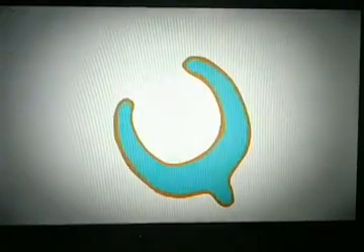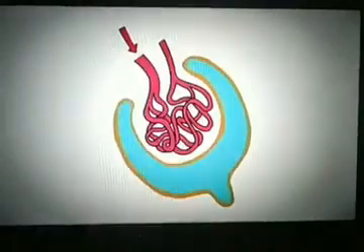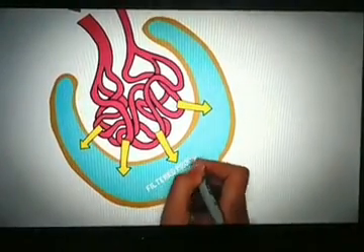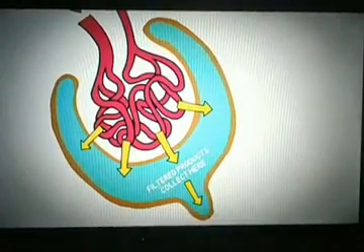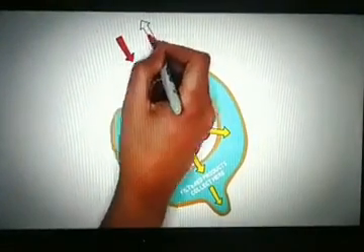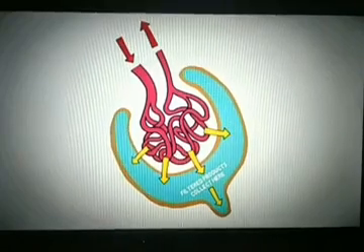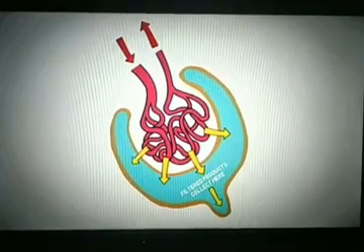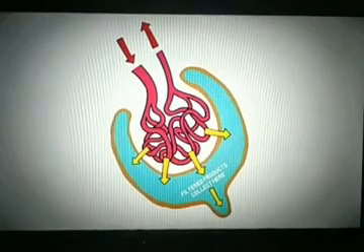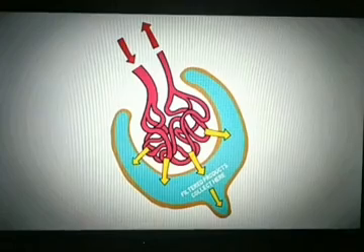Together, these three layers form the glomerular filtration barrier that acts like a filter paper. So we have blood coming in this blood vessel that gets filtered through this glomerular filtration barrier. The glomerular blood pressure is actually the driving force for the filtration here.